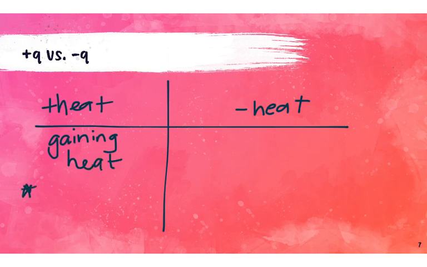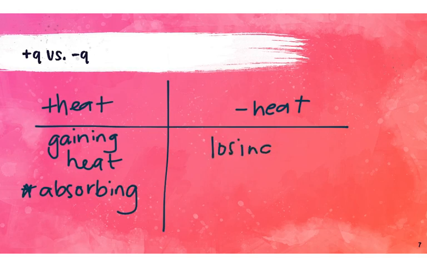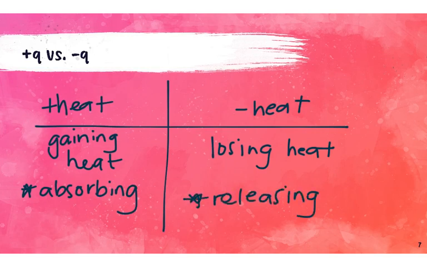The word we use is absorbing. So we're going to be absorbing heat. So if it's negative, that's going to be a loss. So you are losing heat. Typically we use the word releasing of heat.